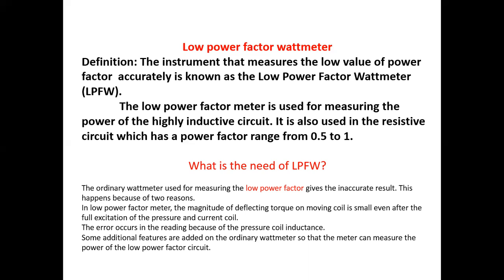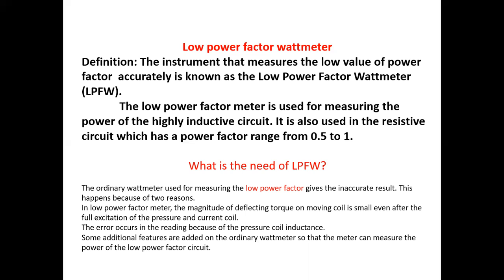The first is that in a low power factor circuit, the magnitude of the deflecting torque on the moving coil is small even after the full excitation of the pressure and current coils. Means in an LPF type of wattmeter, the deflecting torque required to move the pointer from 0 to the maximum value is very small as compared to the UPF meter.